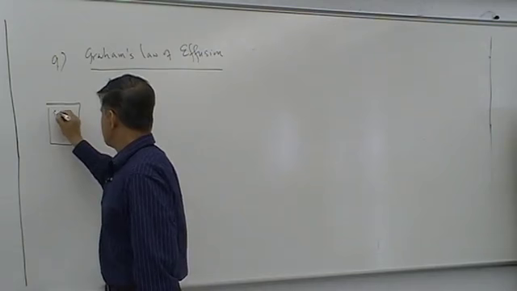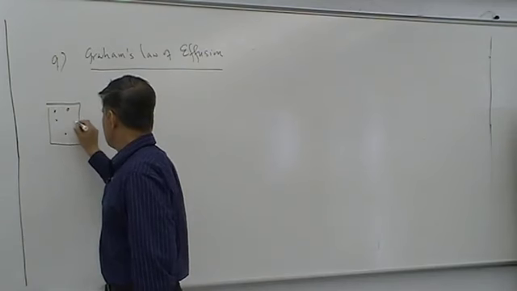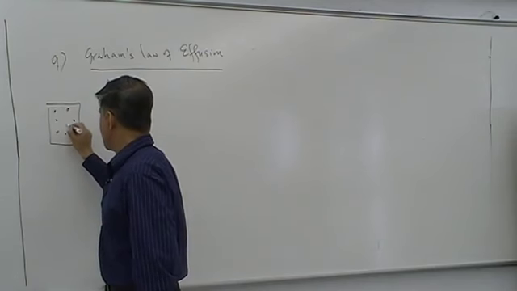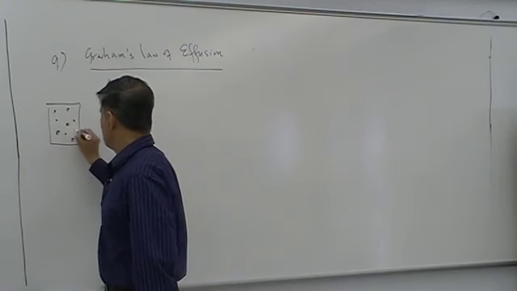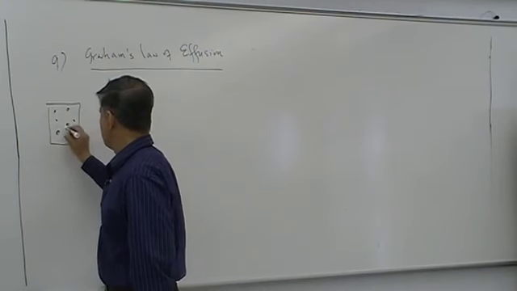It's a good idea to first know the theory. Say I have a mixture of two gases. One is the lighter gas, the other one is the heavier gas. So that's bigger. Bigger ones are heavier, and lighter ones are smaller.